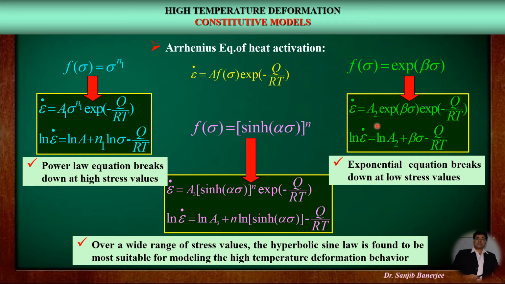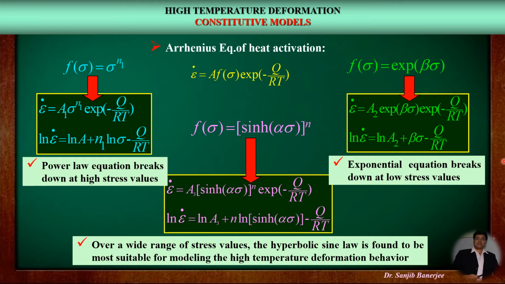Similar to the earlier one, when we take logarithm on both sides of this equation, we get this equation, and here again, if we draw plots of log of strain rate versus sigma, the slope gives us the value of beta. Now the constraint here is that this exponential equation breaks down at low stress values.